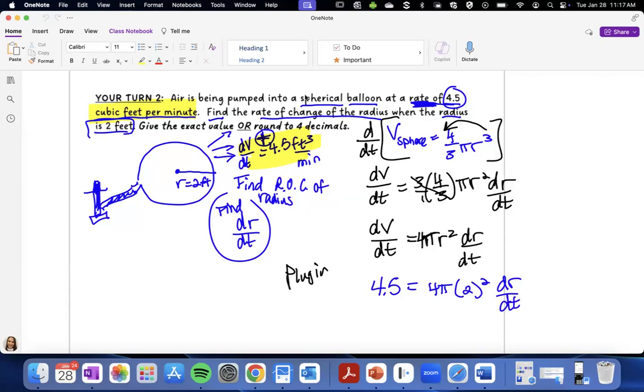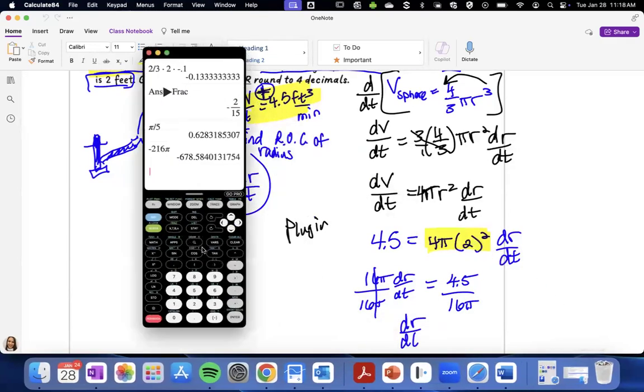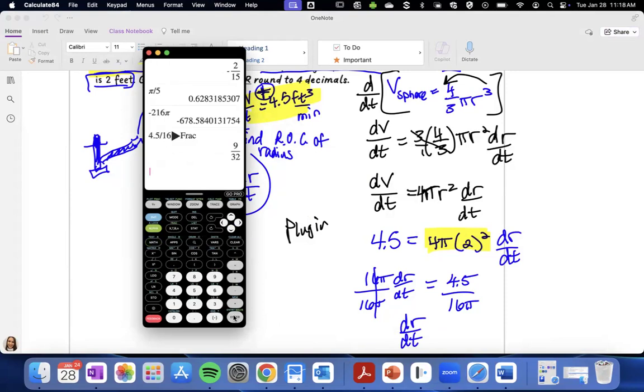So we get 16 pi dr over dt equals 4.5. Divide by 16 pi. In my calculator, I leave the pi out of it to get an exact value. I do 4.5 divided by 16, and I get math as a fraction. And I get 9 over 32 pi.